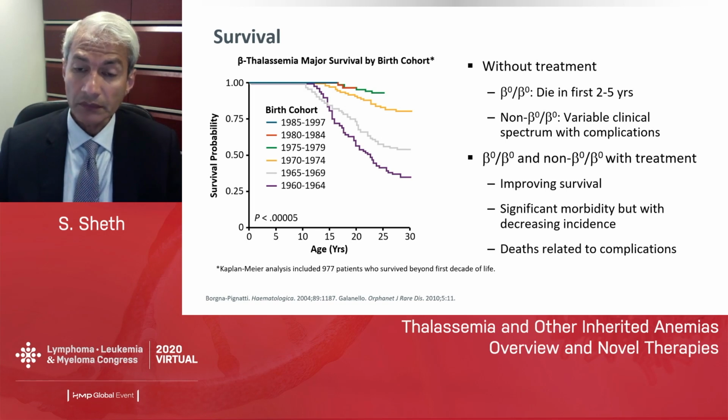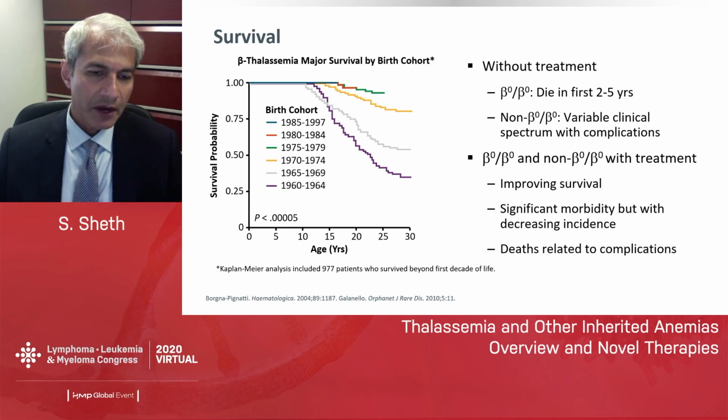With treatment, we have improving survival, as you can see from this Kaplan-Meier curve on the left-hand side of the slide. And you can see that based on birth cohort, patients who were born in the 60s didn't really live much into their second decade or third decade of life. But those who were born later have had better life expectancies.